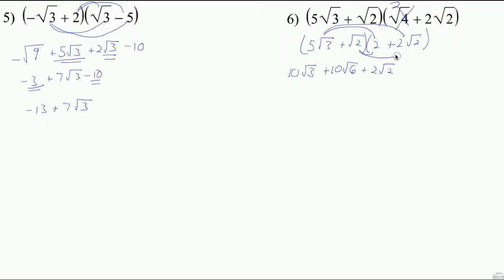And the last one, 2 times root 4. Because we have the 2 and the root 2 times root 2 is 4. We do know that this root 4 is just 2. We can rewrite this as we move through. We don't have any like radicals here.